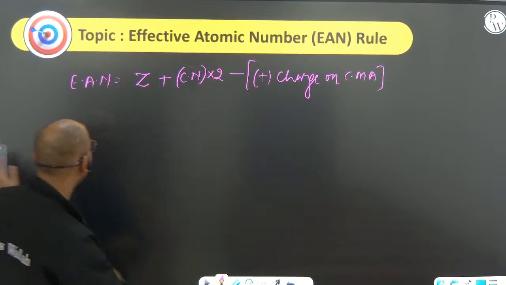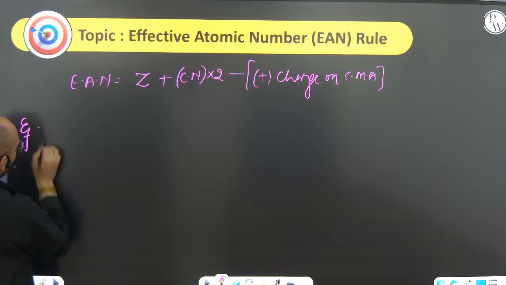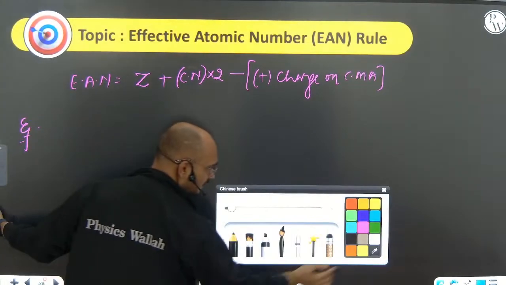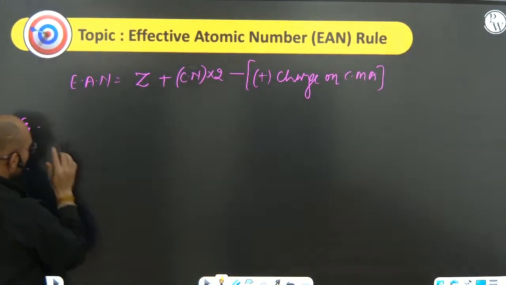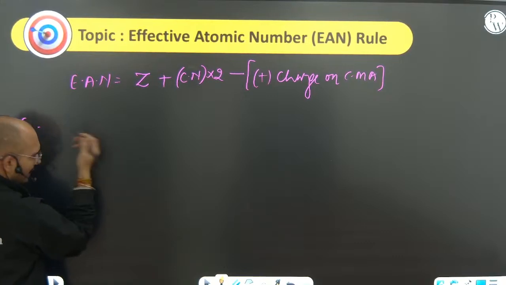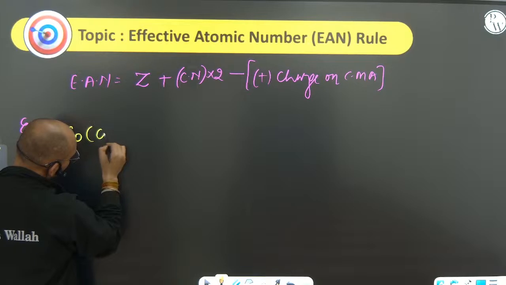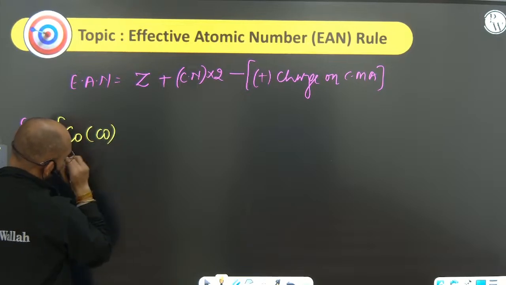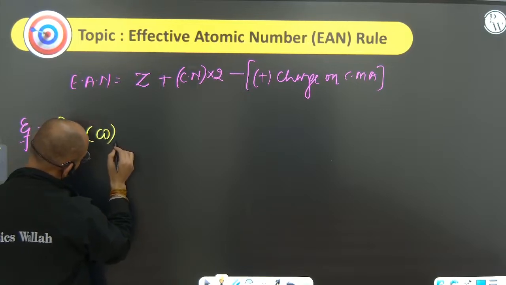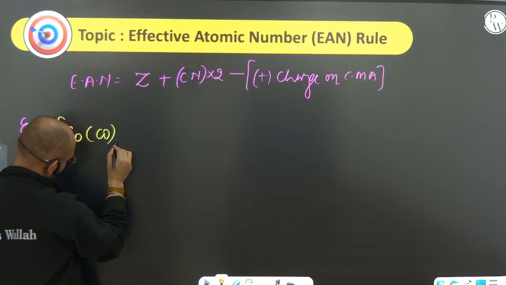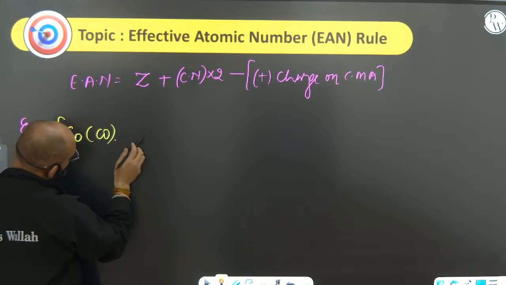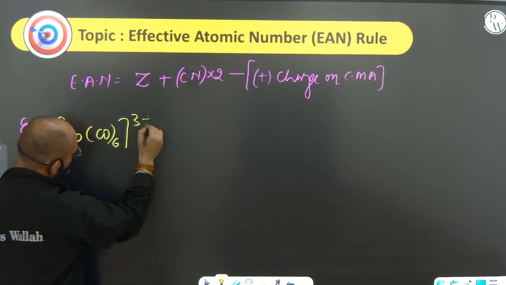So let's see examples. A few examples I'm directly taking, and I'm only taking carbonyl examples. I'm not taking any other example. I will take some other examples also. Okay, [Co(NH3)6]3+.